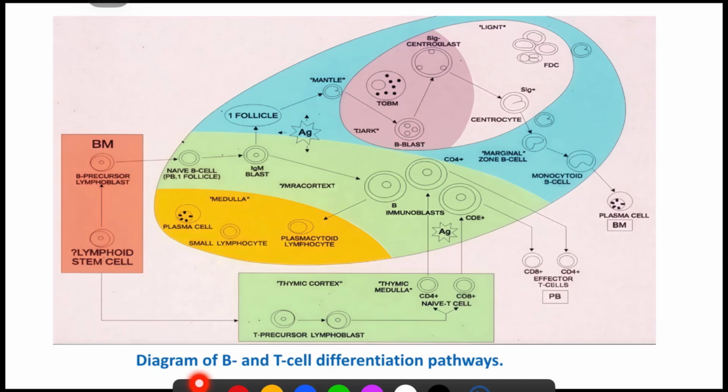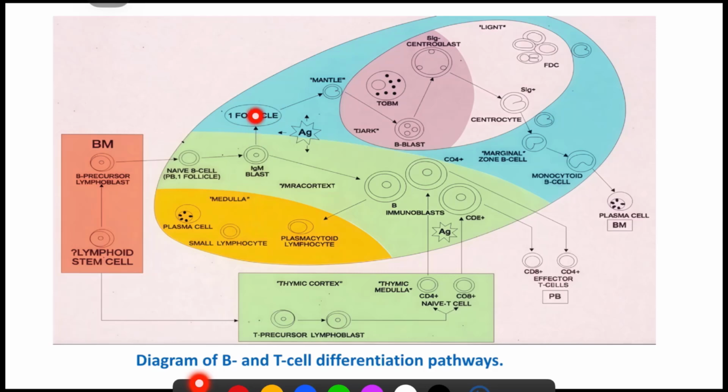Now, in an early B cell reaction, these naive B cells from the primary lymphoid follicles in the cortex are transformed into IgM blasts in the paracortex, right. Now, these cells may enter into the follicle to initiate the formation of the germinal center.